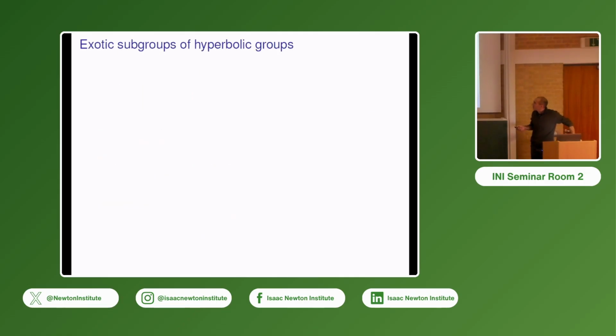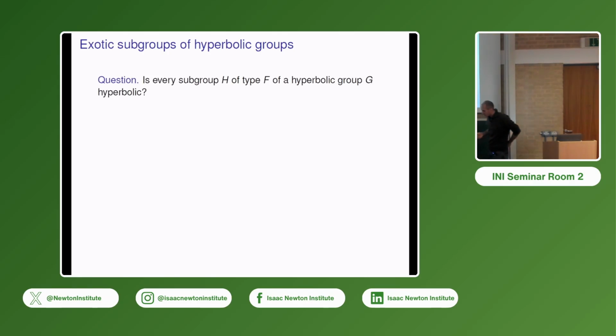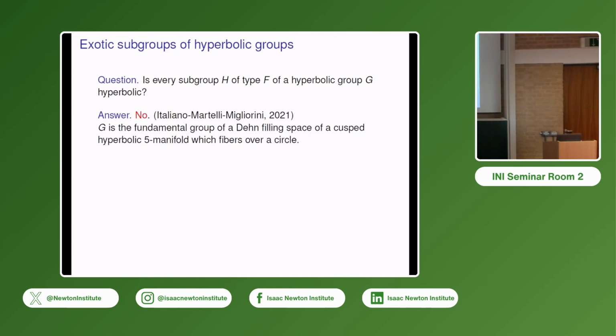Right. Okay. What about exotic subgroups in hyperbolic groups? Well, there was this very important question that was open for a long time: is every subgroup of type F in a hyperbolic group hyperbolic? This was disproved by Italiano, Martelli, and Migliorini in 2021.